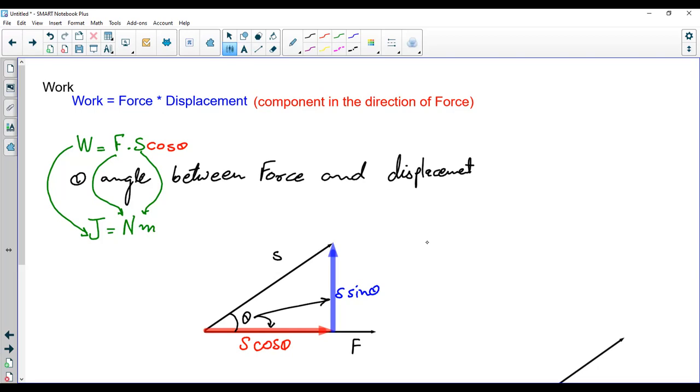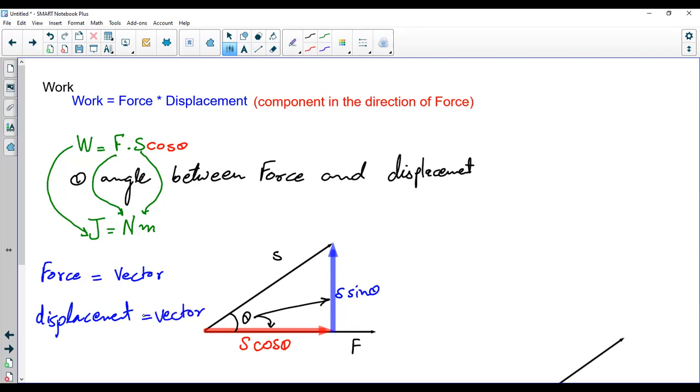Remember, both force and displacement are vector quantities. Force is a vector, displacement is a vector. Both of these quantities are vectors.